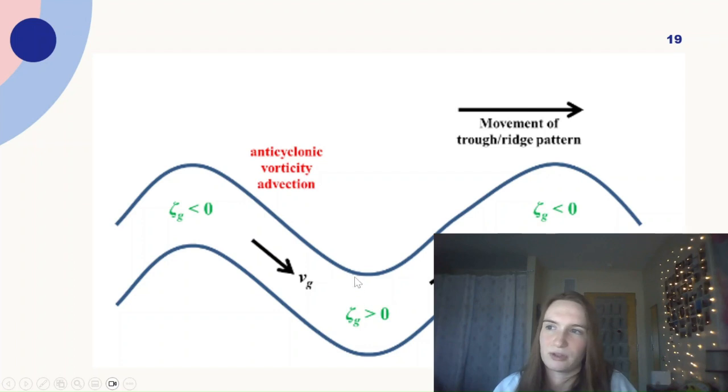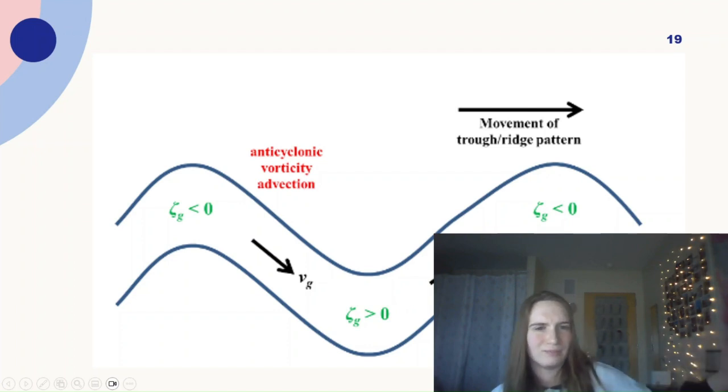You can picture another trough forming. But what's happening on this side? Well, we have anticyclonic, which means it's negative, and that's being blown here downstream, right? So this is where the anticyclonic vorticity advection is. And when we have anticyclonic vorticity advection, we have height rises. So that ridge is moving here. So now we have a ridge here and a trough here. You see how that's moving it downstream?